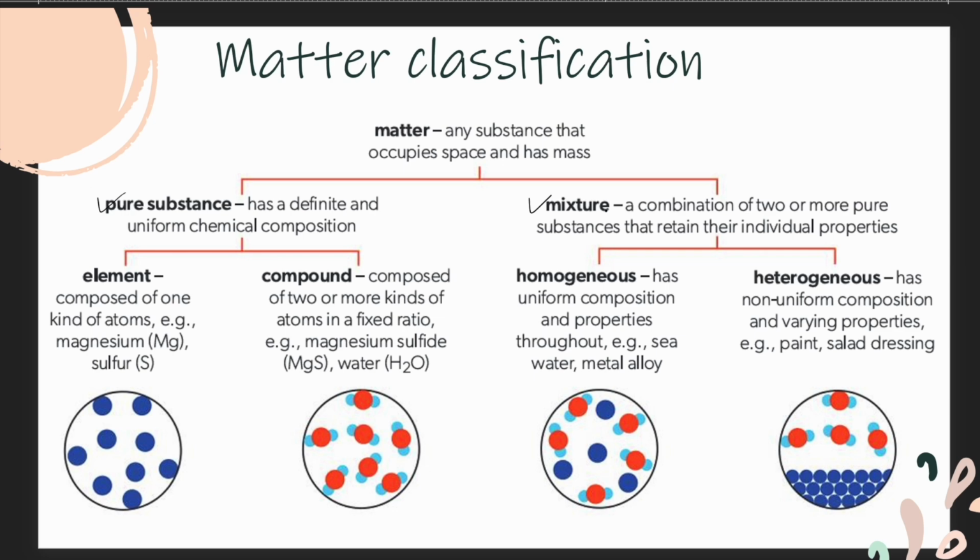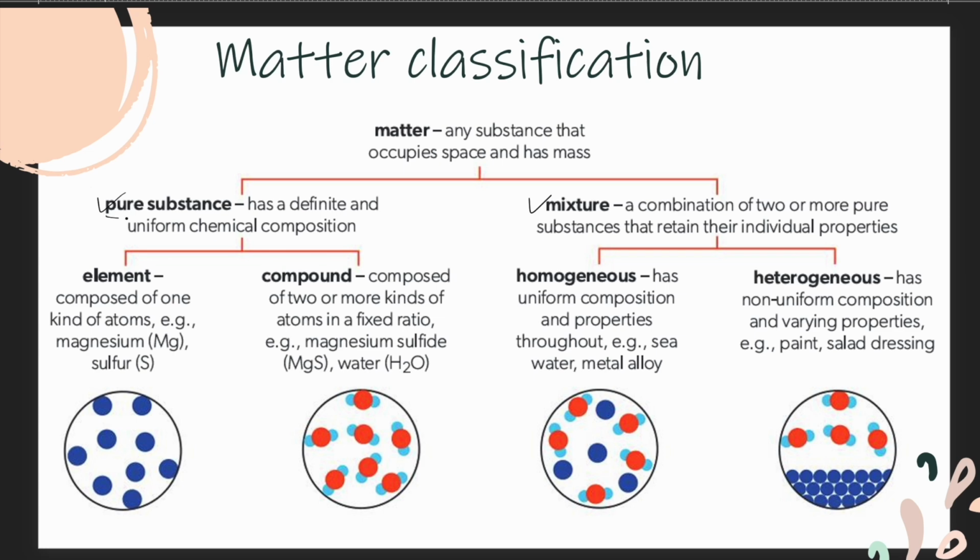Pure substances have a fixed composition by mass and fixed properties, and cannot be separated into simpler substances by physical methods. But a mixture has variable composition by mass, can be separated by physical methods into pure substances, and has variable properties depending on its composition.